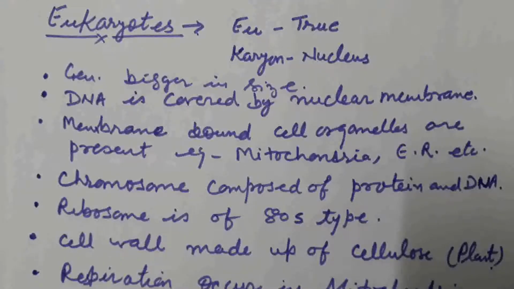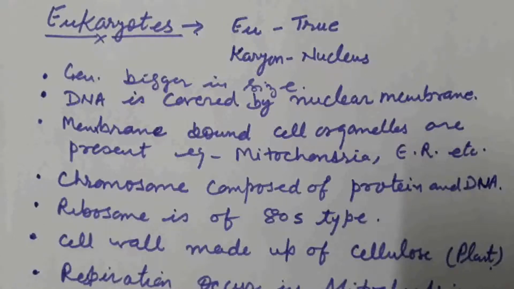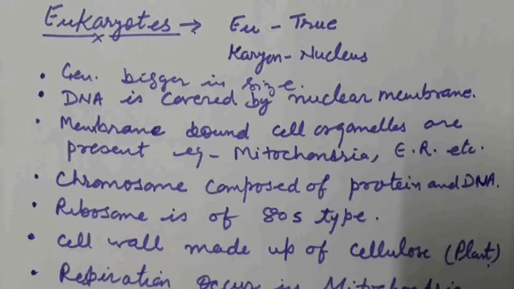Membrane-bound cell organelles are present in eukaryotes, and examples of membrane-bound cell organelles are mitochondria, endoplasmic reticulum, Golgi bodies, etc. Here in case of eukaryotes, chromosomes are composed of protein and DNA.